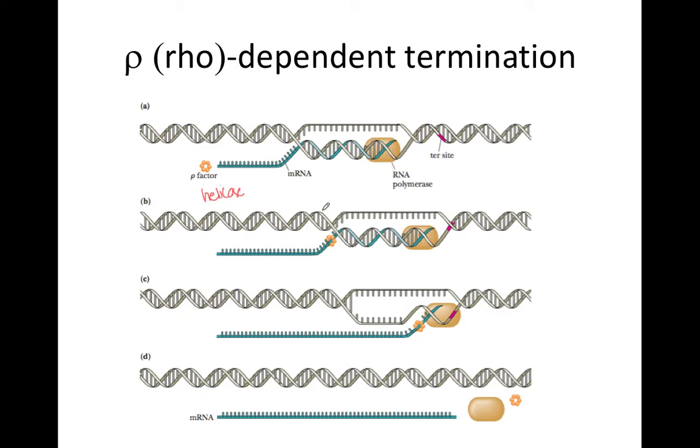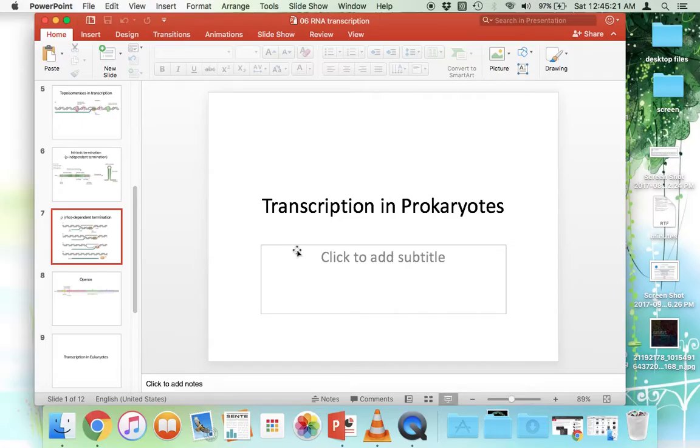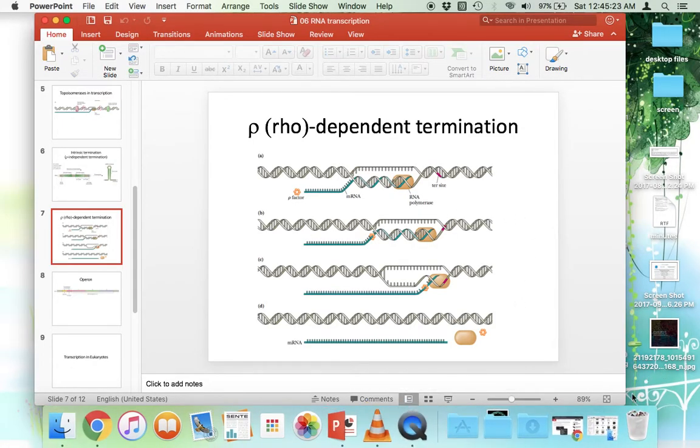So the rho factor basically just spins them. So it unwinds the mRNA and then it helps in its removal. So I have a video of this, which I will show you.